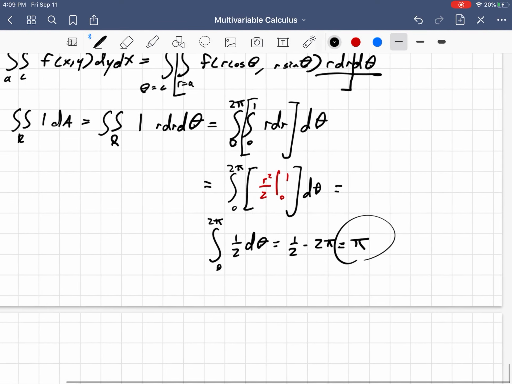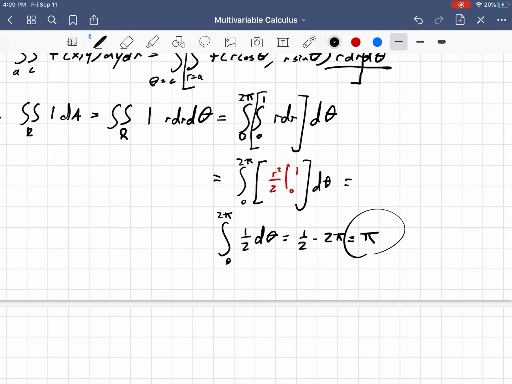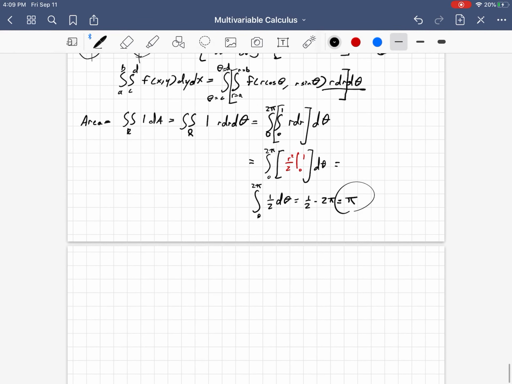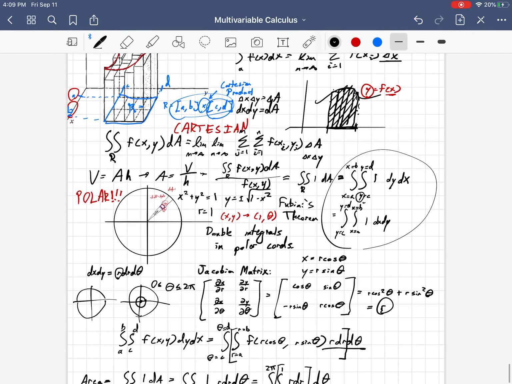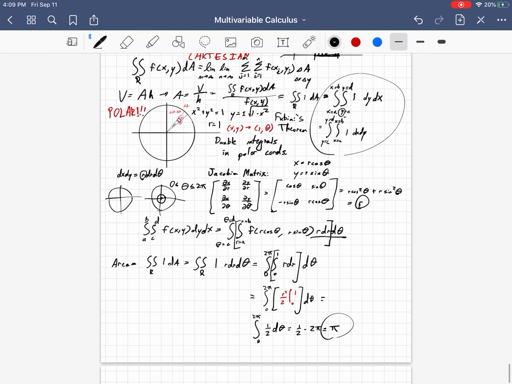So you can actually find the area of a circle using multivariable calculus and polar coordinates. And of course it's going to be pi, right? It's just pi r squared. It was pi to begin with.